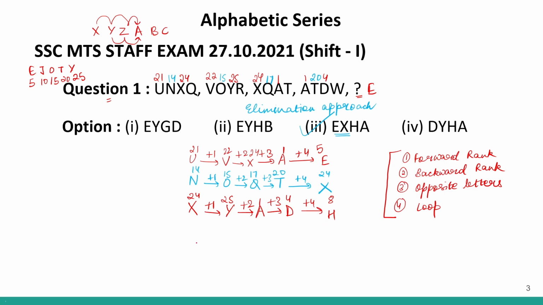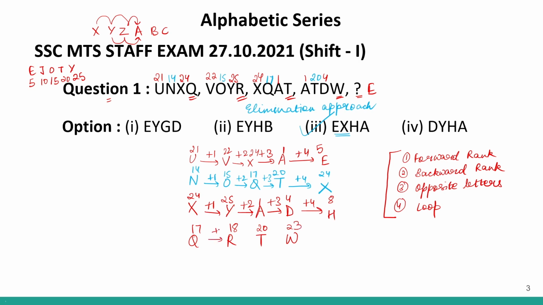Okay. Now let us look at the last alphabet. Last alphabet is Q, R, T and W. Correct? Sorry, this is Q. Q, R, T and W. So Q is 17, R is 18, T is 20 and W is 23.